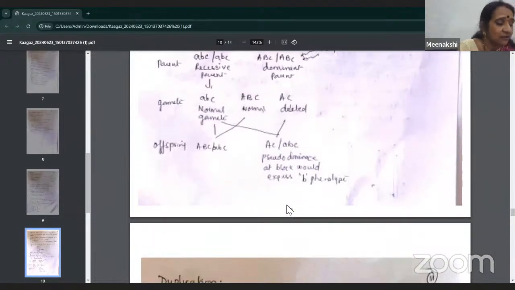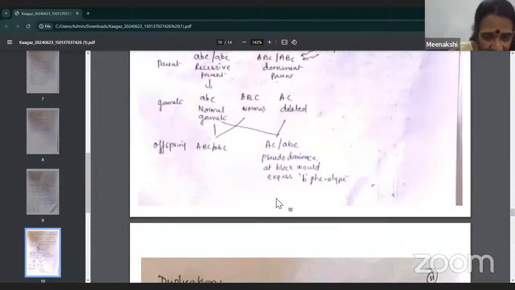And not only that, when you talk about deletion, this deletion will bring about breakage or loss of the DNA, and it is similar to that of Cri-du-chat syndrome. Deletion of the short arm of chromosome 5 leads to the syndrome. And it will have the same type of symptoms.